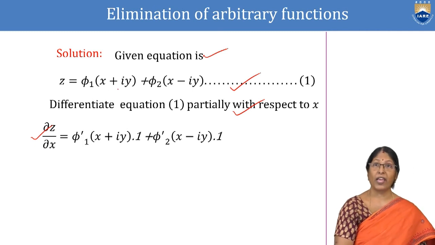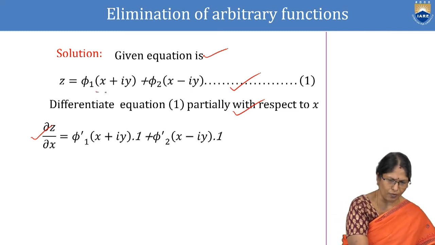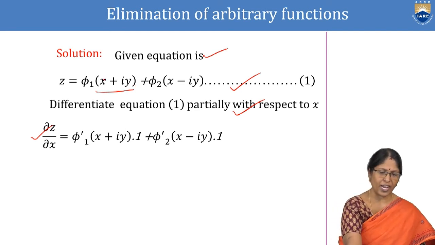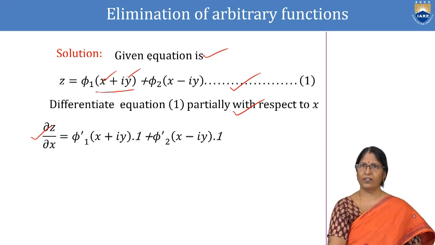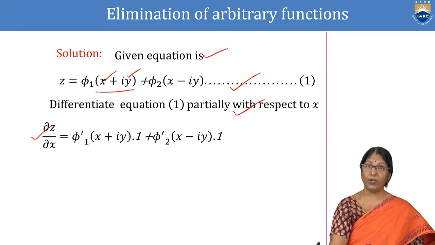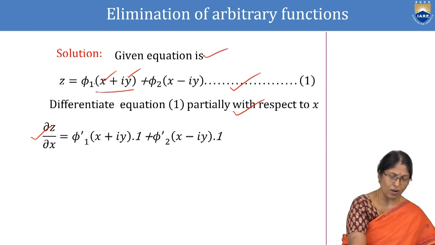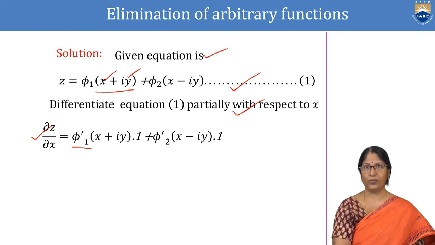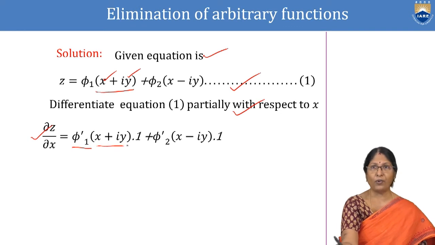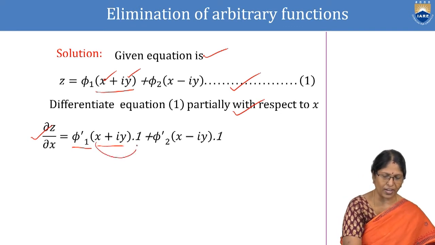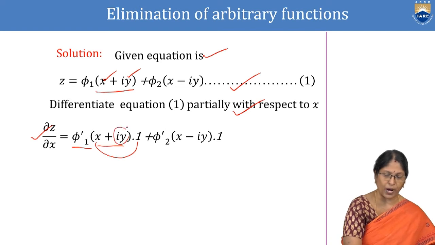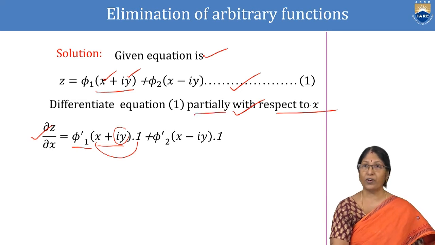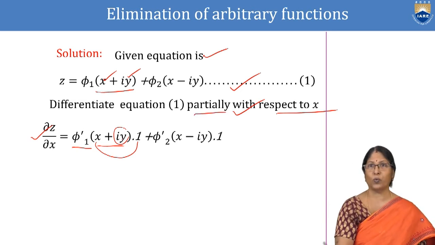Pi 1 of x plus iy: the term is complex, with a real part and a complex part, and it has the variables x and y. So the differentiation gives pi 1 dash of the same term, and the x differentiation is 1. Why are we not touching the y part? Because we are concentrating only on partial differentiation with respect to x, so we didn't touch this y at all.